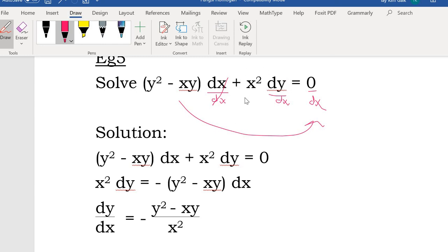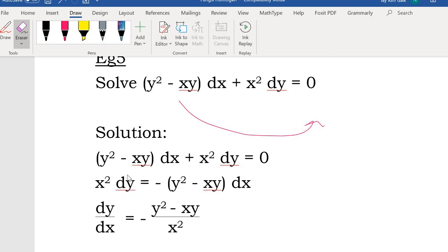If you divide by dx, the first step here, now you have x squared dy dx. In the notes here actually we didn't divide, I just brought the dx term to the right hand side first, and then later on I divide each term by dx.